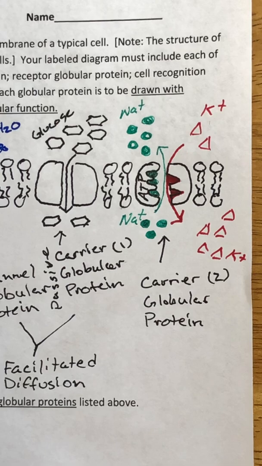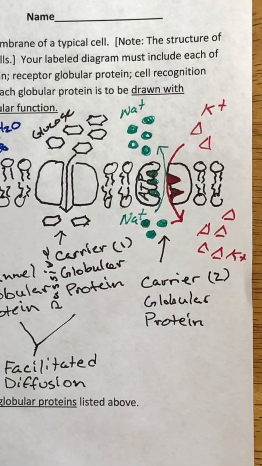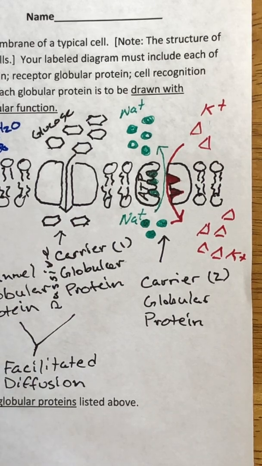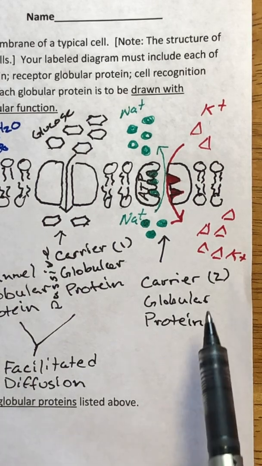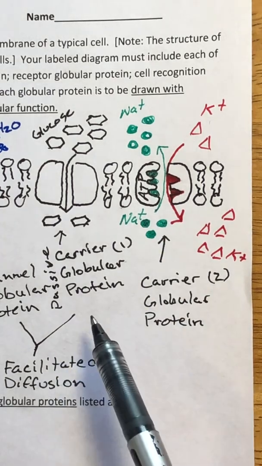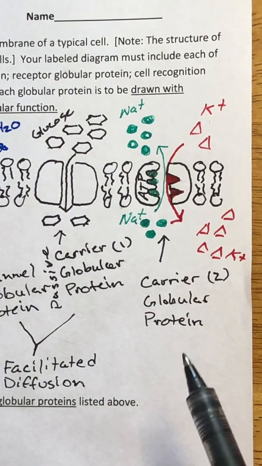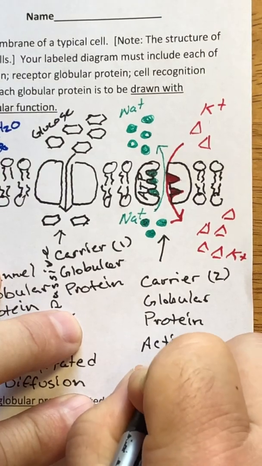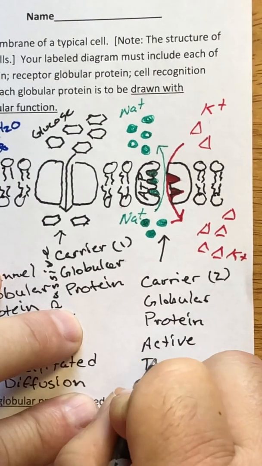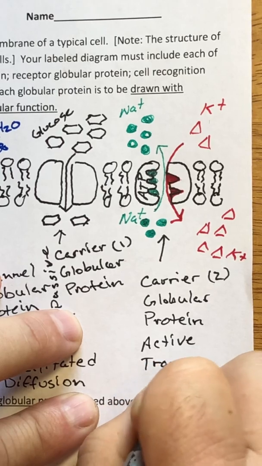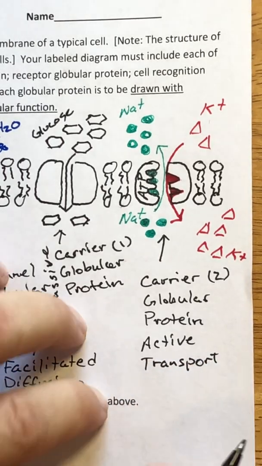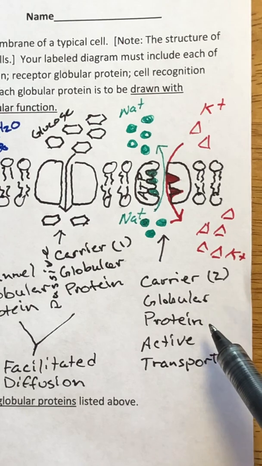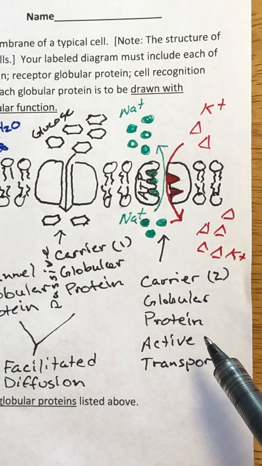And that's part of how your nerve cells fire to stimulate a response in your muscle cells or other cells in your body. Okay, this process is not passive. This process is called active transport. And again, it occurs across that carrier globular protein number 2.